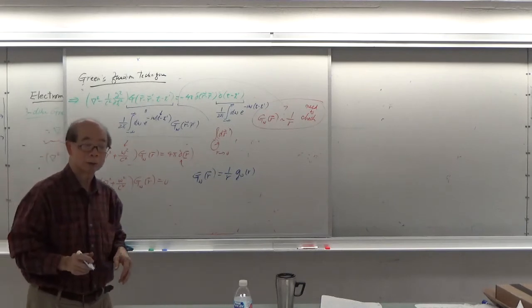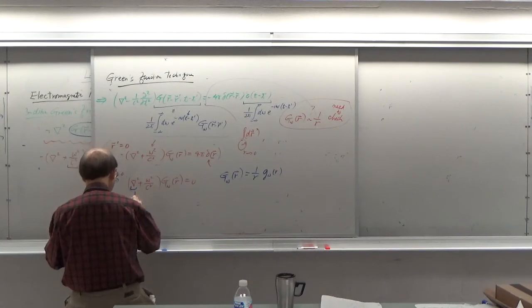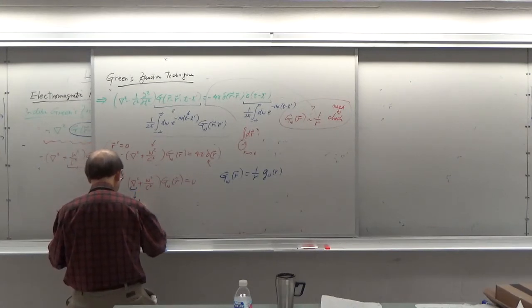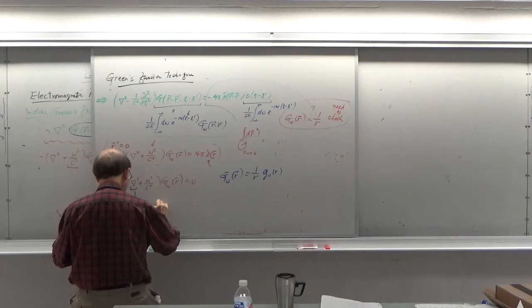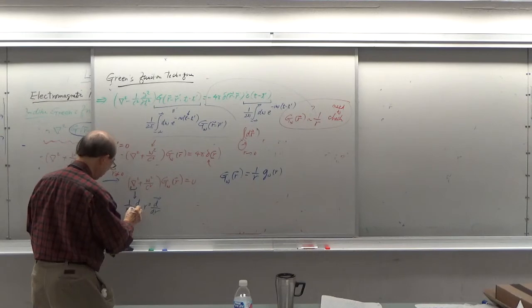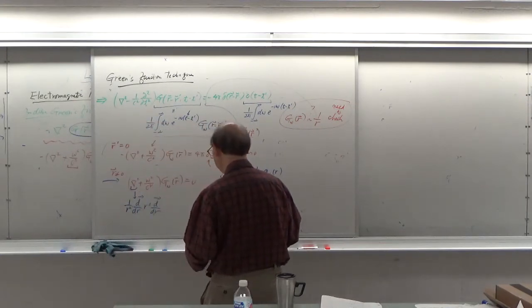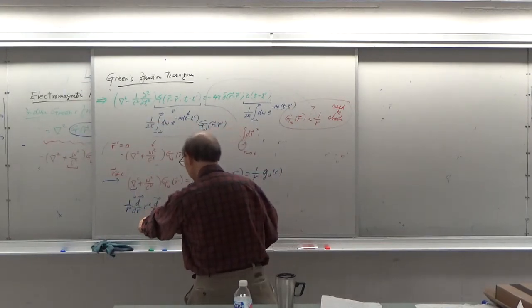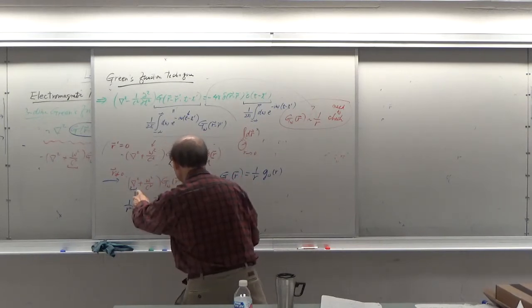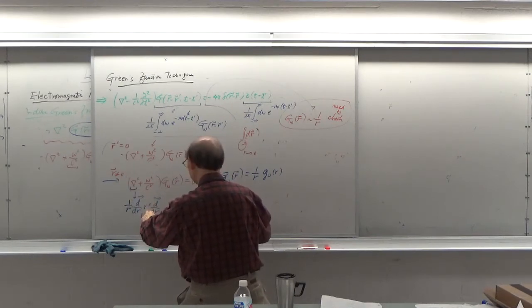Again, it helps to use spherical coordinates, so that the Laplacian is nothing but 1 over r squared d by dr, r squared d by dr. So d by dr acts on everything standing to its right, and this d by dr also is an operator that acts on everything standing to its right. All right. Let me take a look at this part first, the first term.